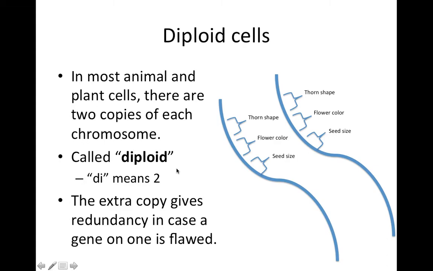And having 2 copies is important because if the individual has a bad version of a trait, like maybe a gene for thorn shape that's not functional, then as long as the cell is diploid, on the other chromosome there's a good chance that the other version of that gene, or that other allele, is going to be functional. So by having 2, this gives the cell redundancy in case one copy of the gene is flawed.